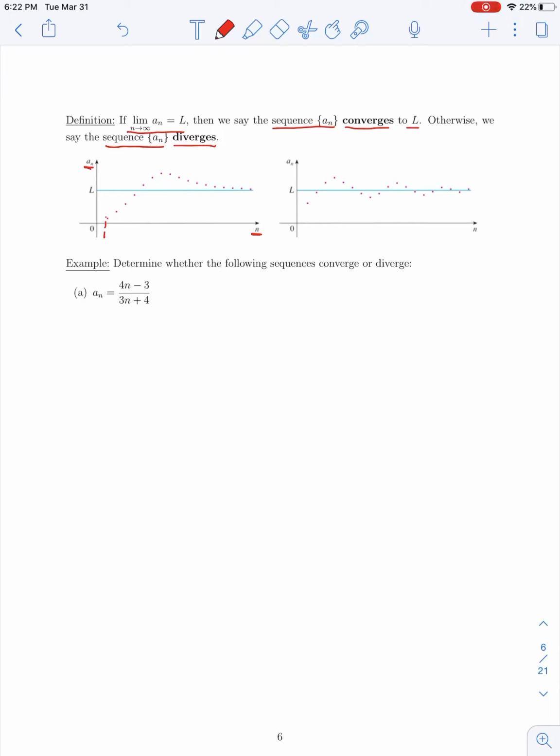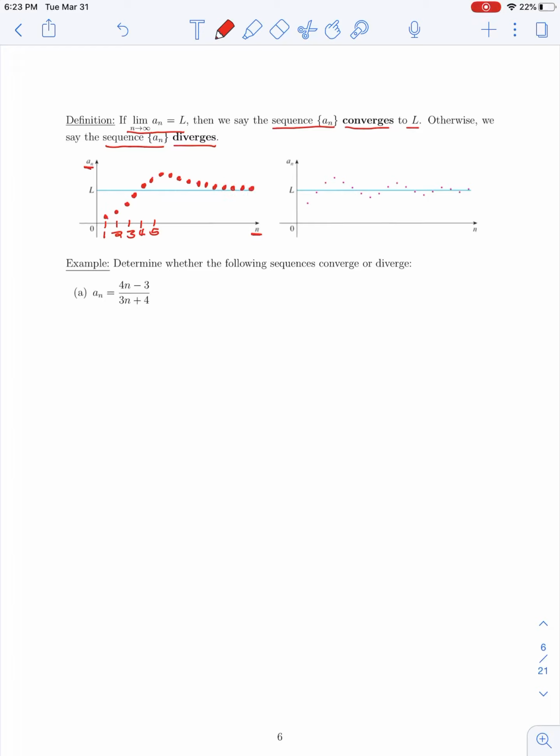So say our horizontal axis is n, and my vertical axis would be a sub n, the nth term. Well, we would start with n equals 1 and find our first term, then take n equals 2 to get our second term, n equals 3, n equals 4, n equals 5, and so on.